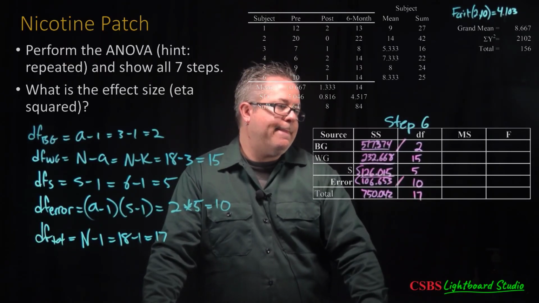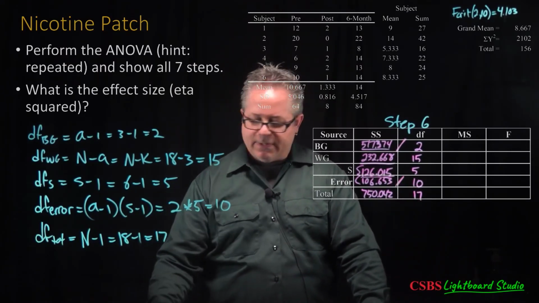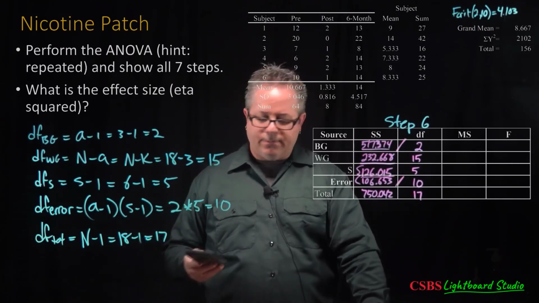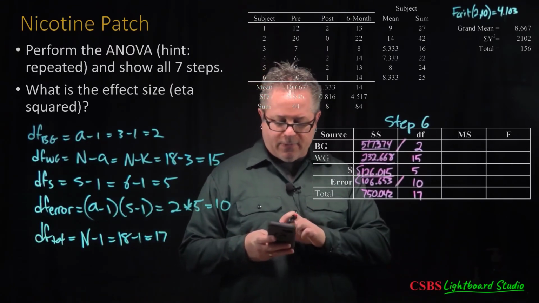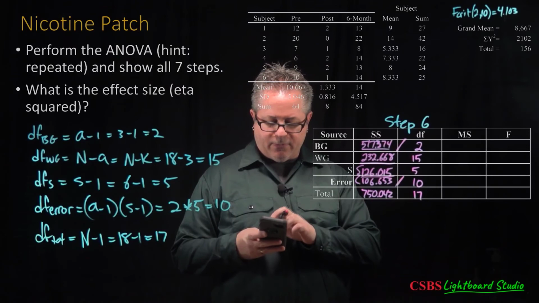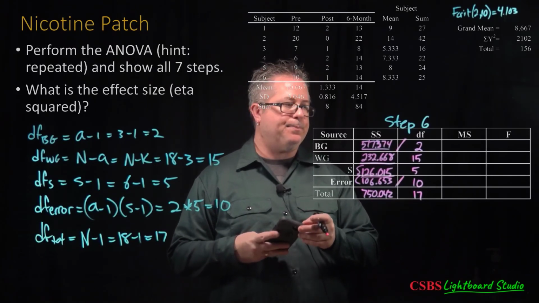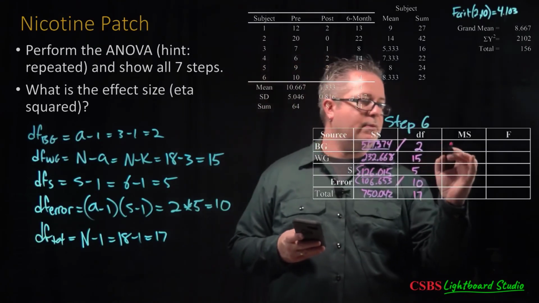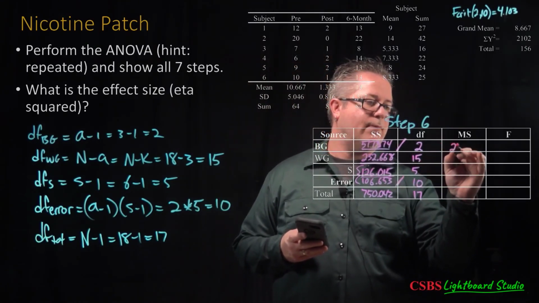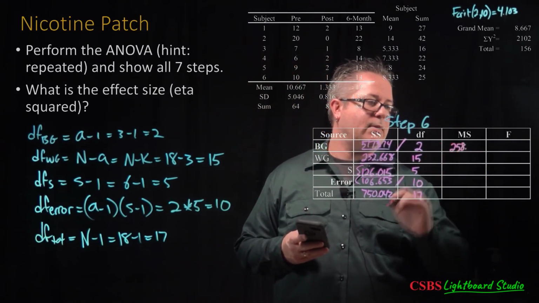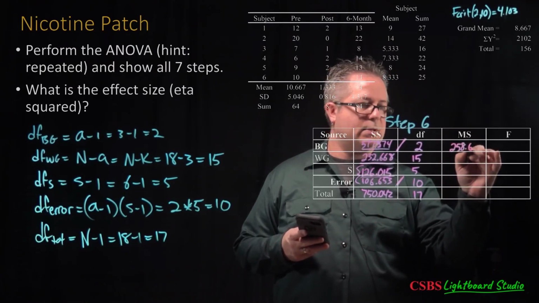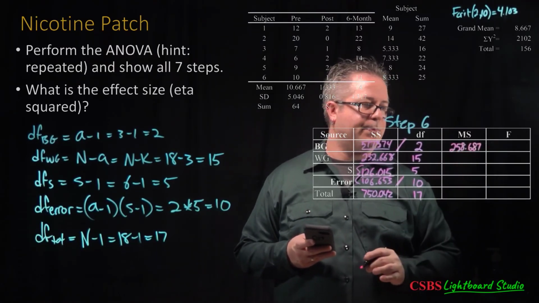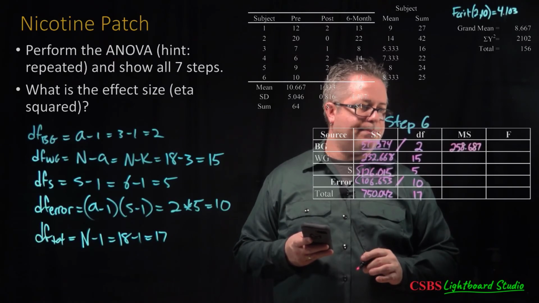So we're going to do 517.374 divided by 2 equals, so our mean square here is going to be 258.687. Awesome.